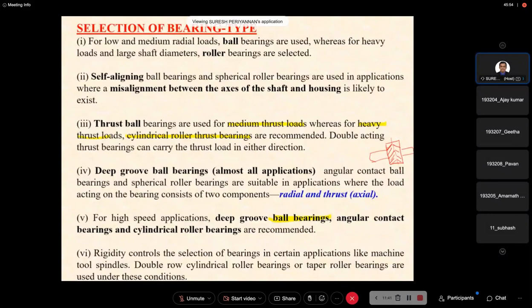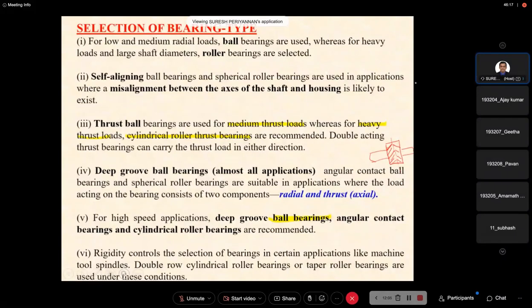But for high speed application, heat generated is more in deep groove ball bearings. Now this is the selection of ball bearing based on load condition: based on radial load, based on axial or thrust load, third, based on self-aligning, and based on speed.